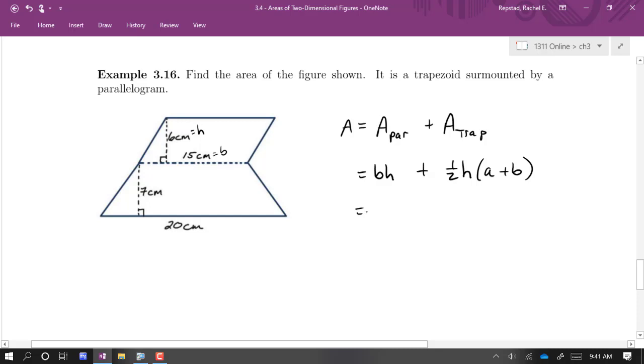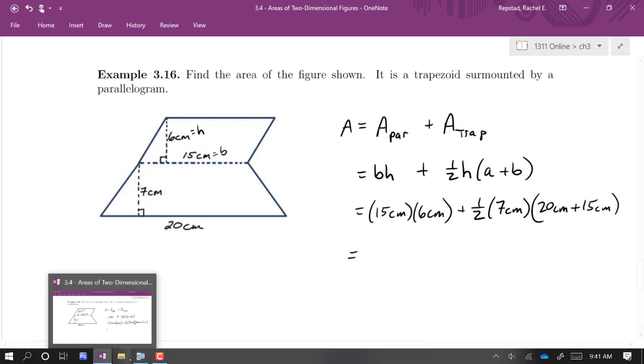So that's 15 centimeters times 6 centimeters. And then 1/2 times the height of the trapezoid, which is 7 centimeters, and then we need the sum of the two bases, so 20 centimeters plus 15 centimeters.